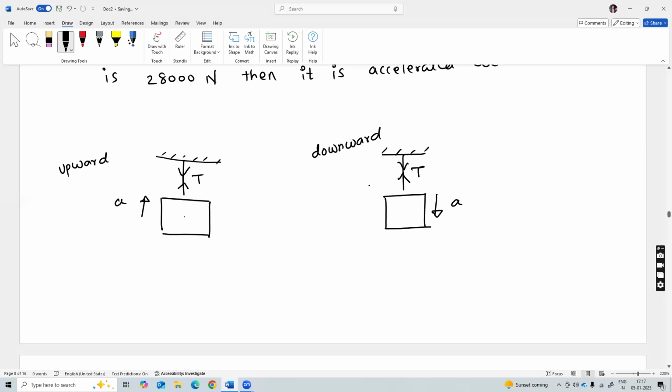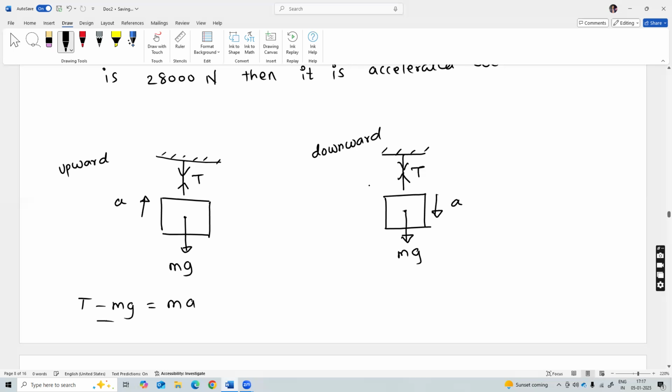There is some mass of lift, so force mg is acting downwards. It is basically the mass of the lift plus the person it is carrying, let's say m. So in the first case, since the lift is moving upward, let's consider forces in upward direction positive, so T is positive, the net force is T minus mg, and it is equal to ma.